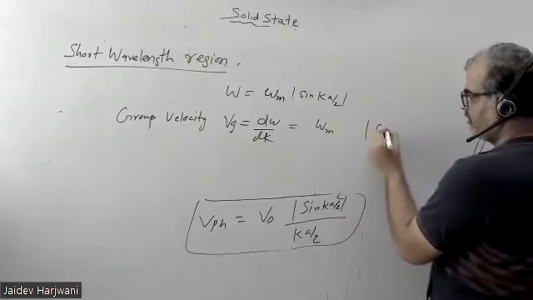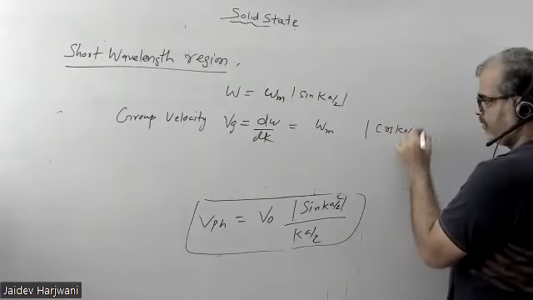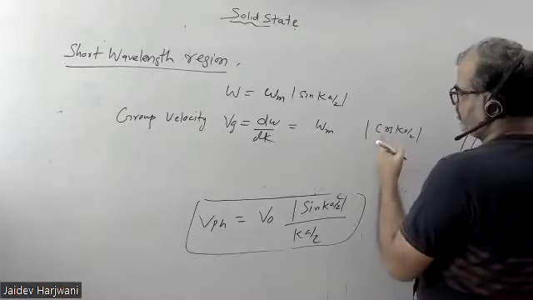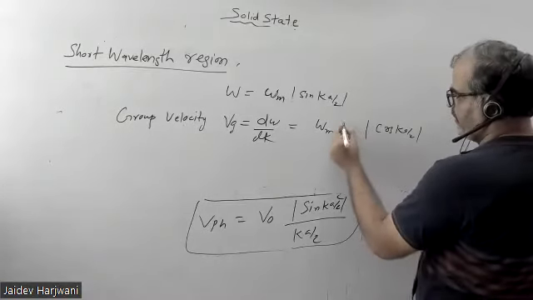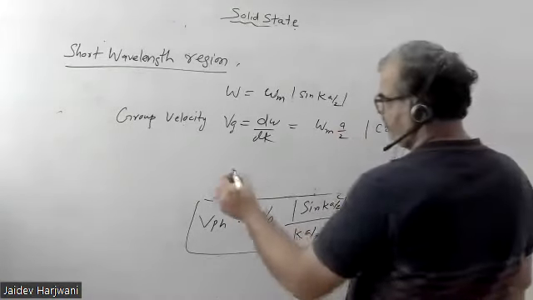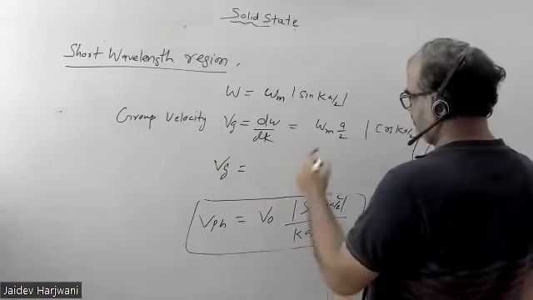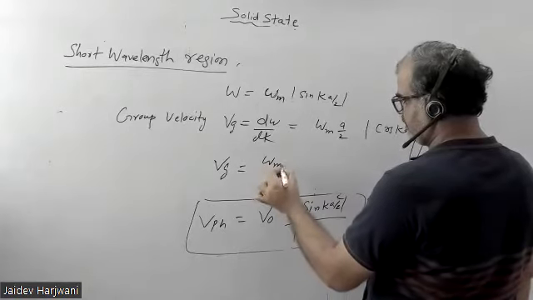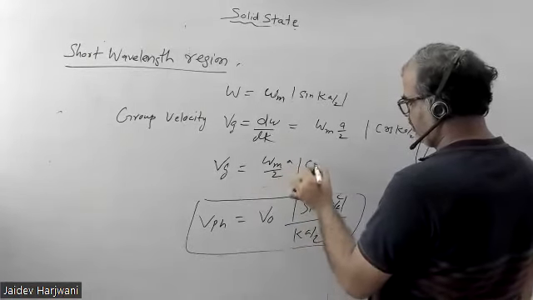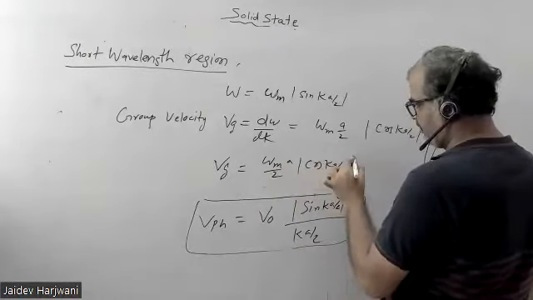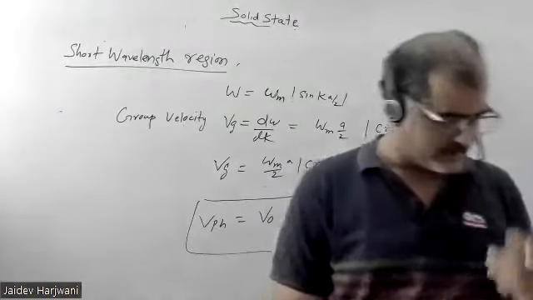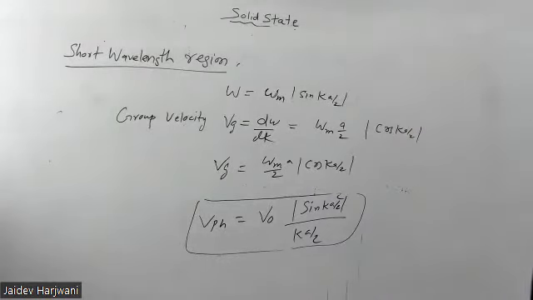Differentiate sin k by 2, you get cos k by 2, and you differentiate k by 2, you get a by 2. So the Vg will be simply Vm a by 2 cos k by 2, isn't it?